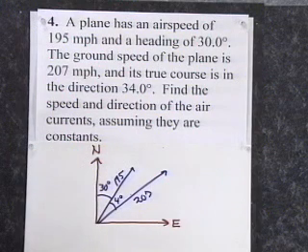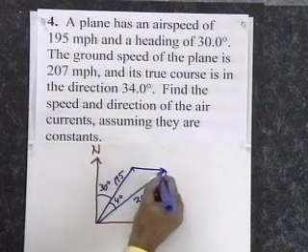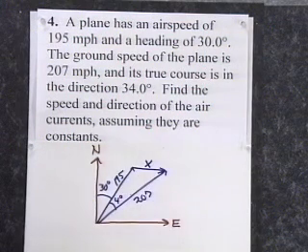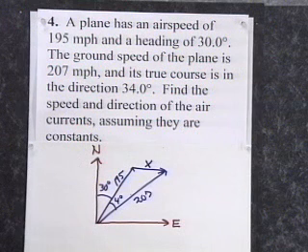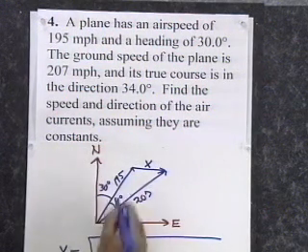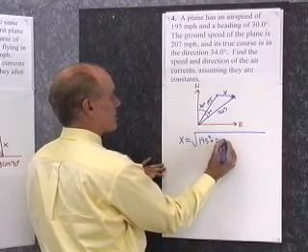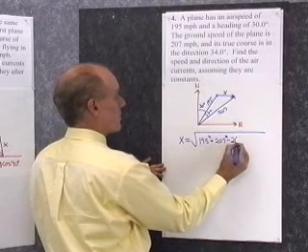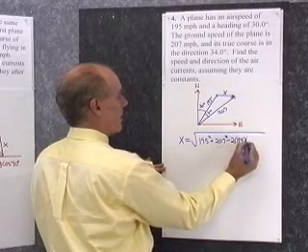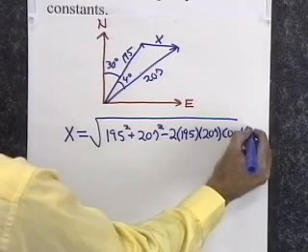Find the speed and direction of the air currents, assuming they are constant. Well, that's going to be this vector right here. First of all, we can find its magnitude, or the speed of the air currents. That will be, by the law of cosines, x equals the square root of 195 squared plus 207 squared minus 2 times 195 times 207 times the cosine of just 4 degrees.